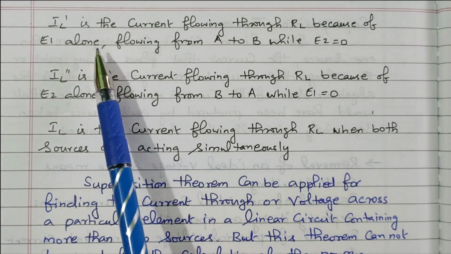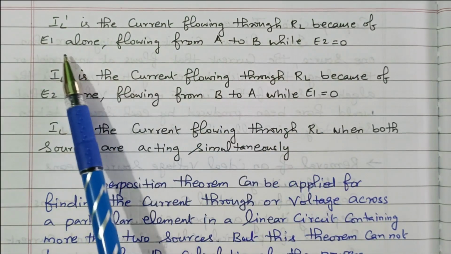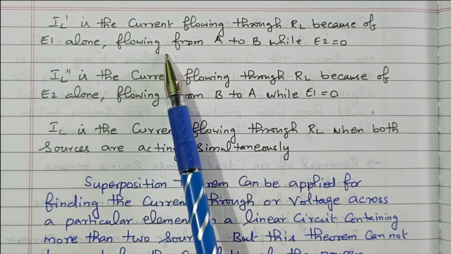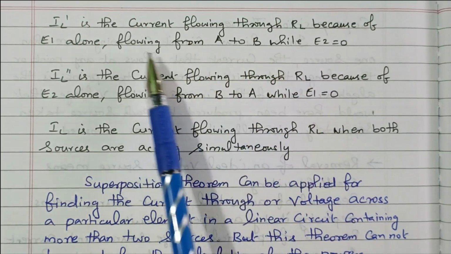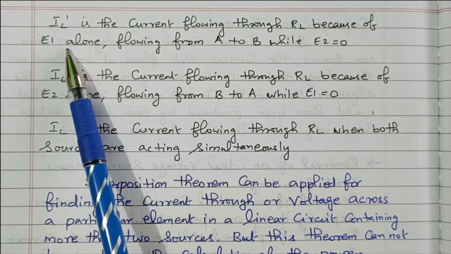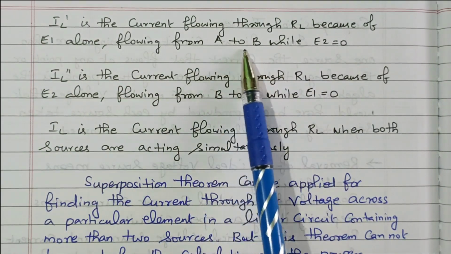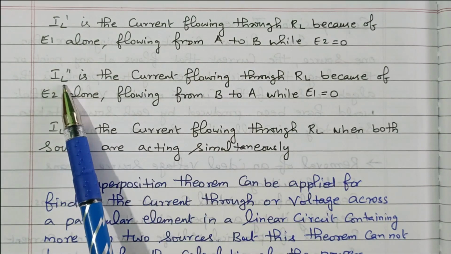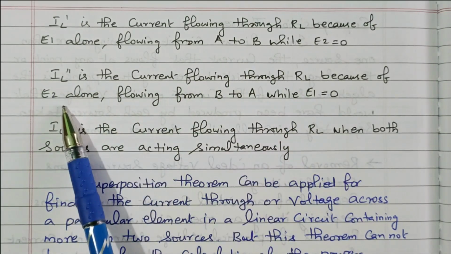So from the equation, IL dash is the current flowing through RL because of E1 alone, flowing from A to B while E2 is 0. Right? So IL dash is the current flowing through the RL because of only E1. E2 is removed, that is flowing from A to B, taken as positive. IL double dash is the current flowing through the RL because of E2 alone.